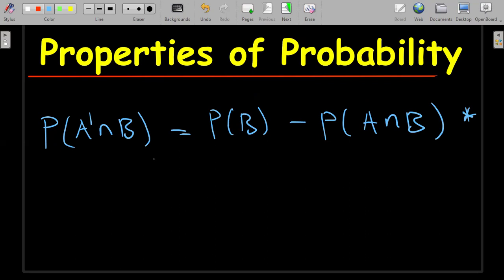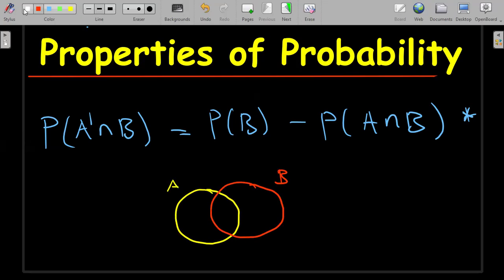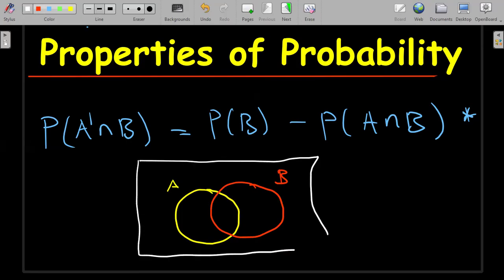If, for example, I have this Venn diagram that contains set A and also set B, and these are in a universal set like that, the probability of A complement intersection B will be in which region if we shaded it?